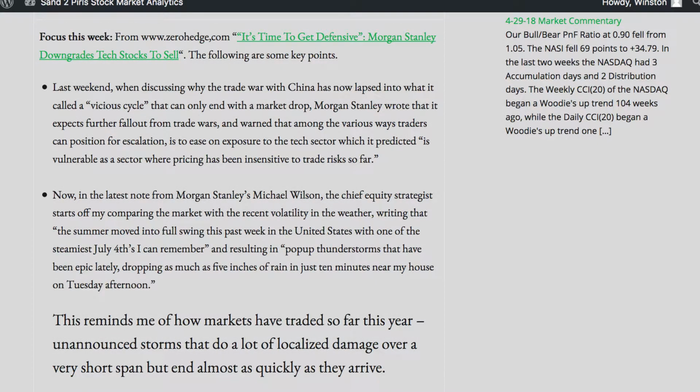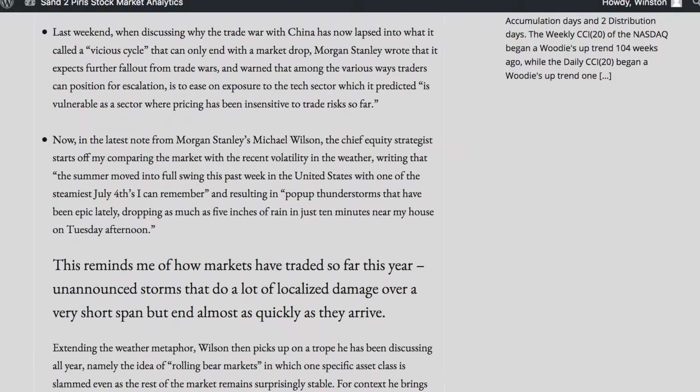Last weekend, when discussing why the trade war with China has now lapsed into what it called a vicious cycle that can only end with a market drop, Morgan Stanley wrote that it expects further fallout from trade wars and warned that among the various ways traders can position for escalation is to ease on exposure to the tech sector, which it predicted, quote, is vulnerable as a sector where pricing has been insensitive to trade risks so far, close quotes.